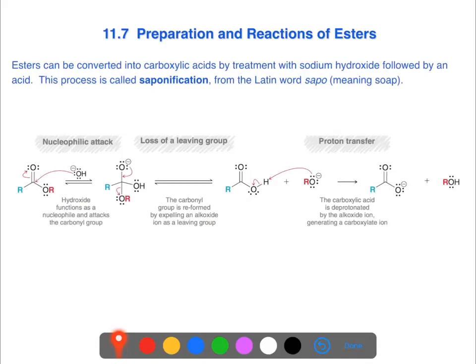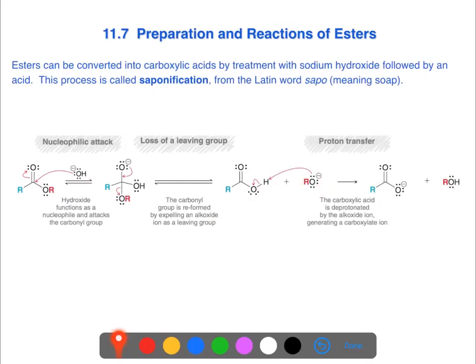Same two core steps that we saw for nucleophilic acyl substitution. We have nucleophilic attack of the hydroxide ion from our strong base onto the carbonyl carbon, breaking the pi bond to give us our oxide intermediate. Now the next step, the loss of the leaving group, involves the loss of a very strong base, the alkoxide.